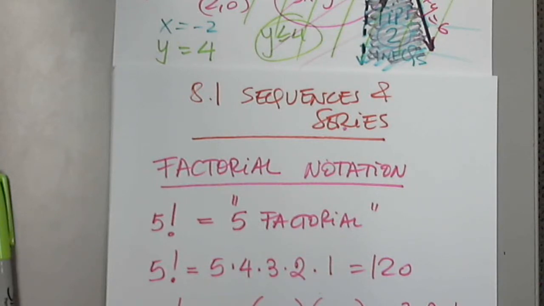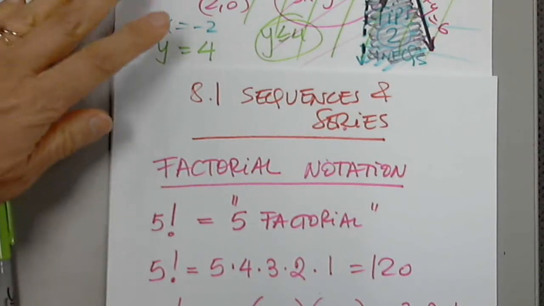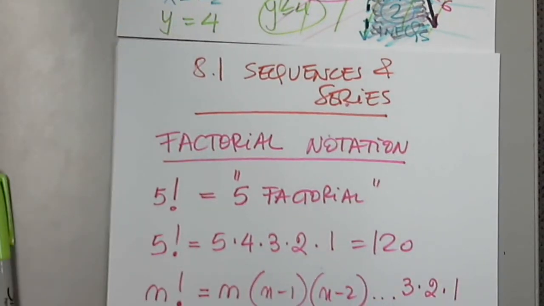So n factorial means multiply the first n natural numbers. Really, any number factorial is just that number multiplied by all the numbers below it, without 0. Correct. Otherwise, you would just have 0 every time. Absolutely.